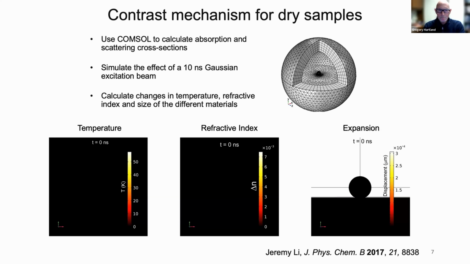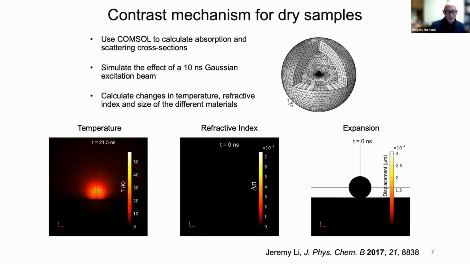And this is sort of what you see. I'll show three little videos. The first one is going to be the temperature changes that happen when you excite the bead with a 10 nanosecond infrared beam. So that's what that looks like.